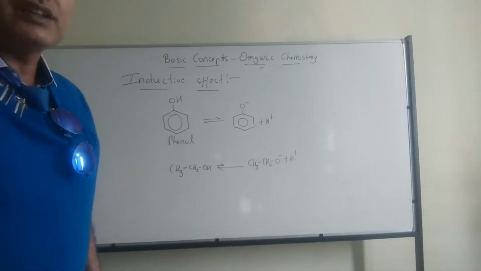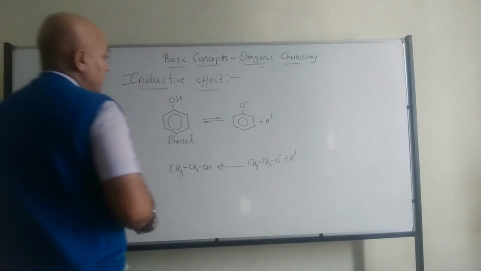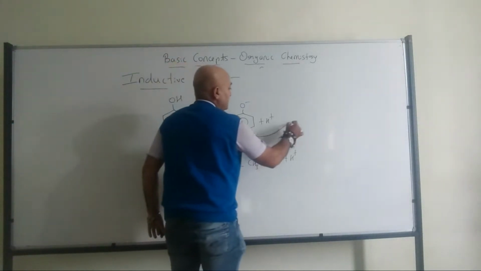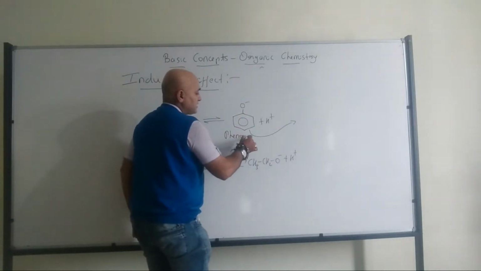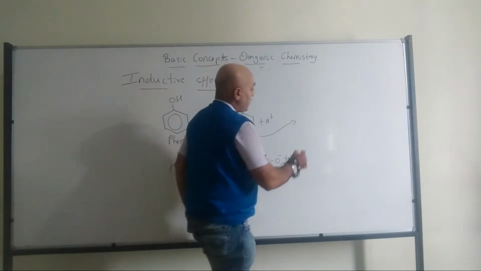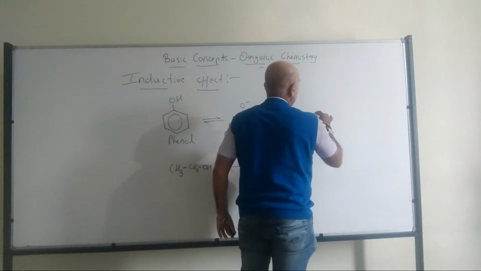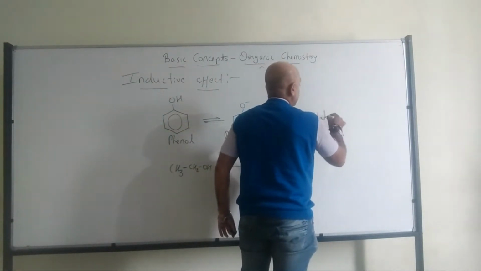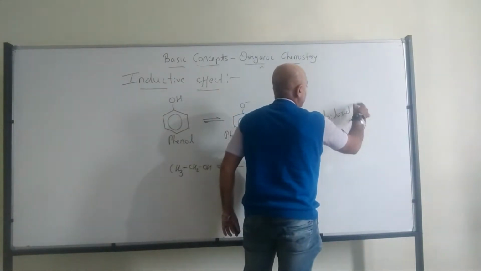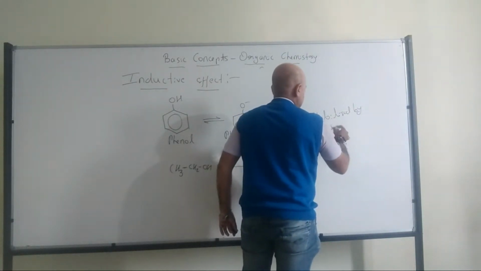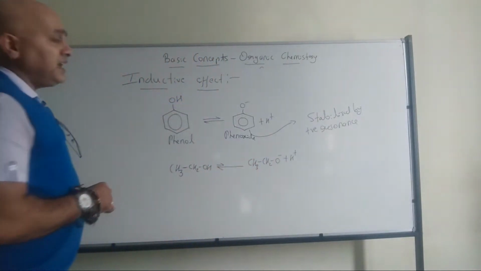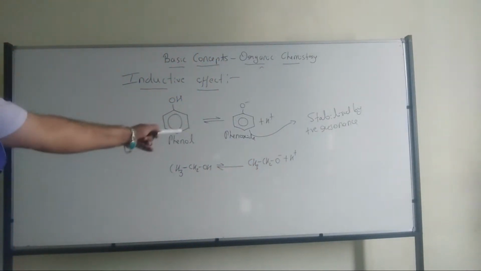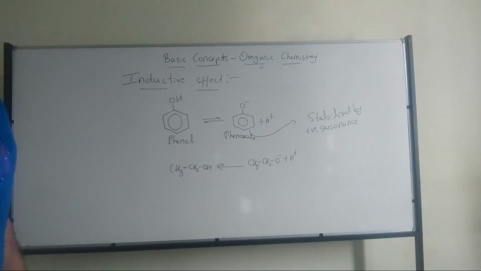Among these two, phenol will be a strong acid, because whatever phenolate ion, phenoxide ion, will be formed will be stabilized by resonance, or to be more appropriate, positive resonance, which will not happen with respect to ethanol.